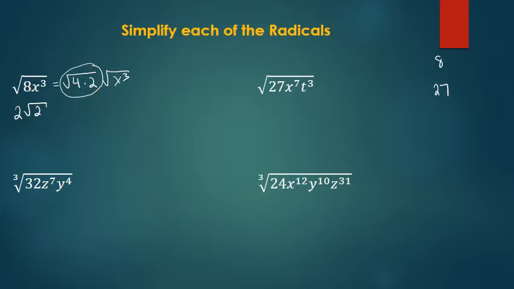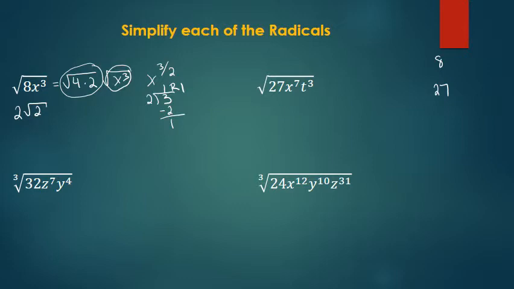Now I'm not done yet because I need to simplify out my exponent on that variable. So I can rewrite that as x to the 3 over 2. 2 goes into 3 once, 1 times 2 is 2, so I'm just doing a mini long division problem here with a remainder of 1.